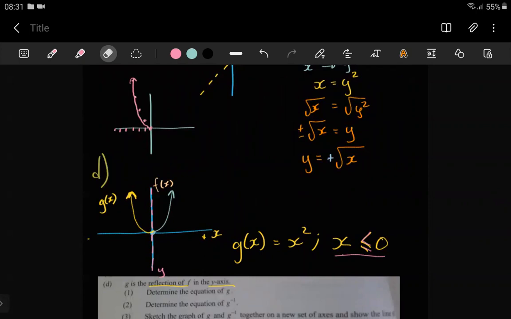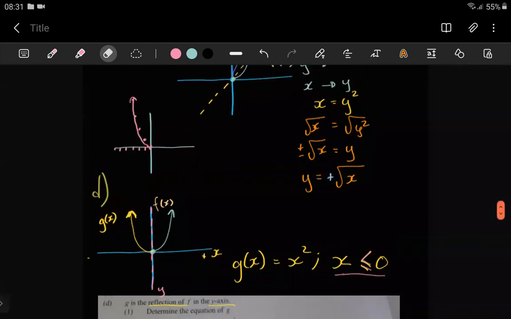So I'm most probably thinking of the inverse. That's why I'm asking, why isn't there a negative? Because when it becomes the inverse, it will become a negative square root x. When you're thinking of the inverse, remember, it's going to be y is equal to negative x under square root. Yes, 100%. Which is why we have plus of.